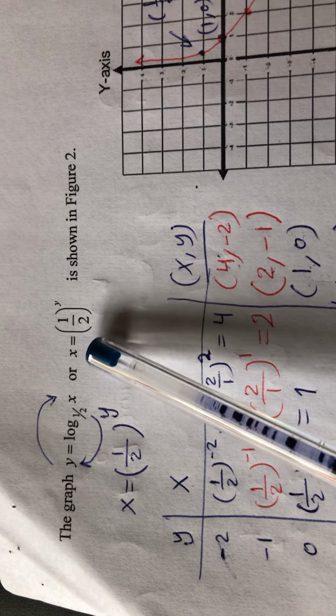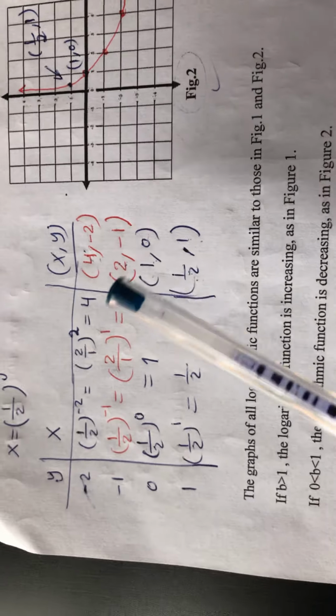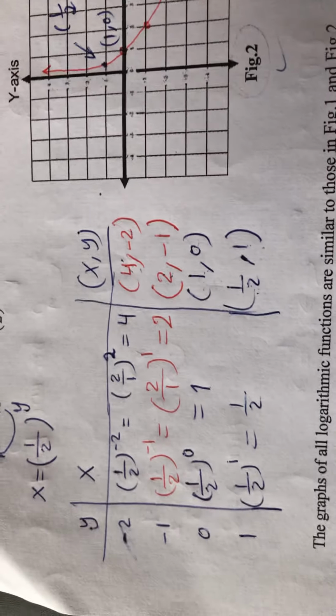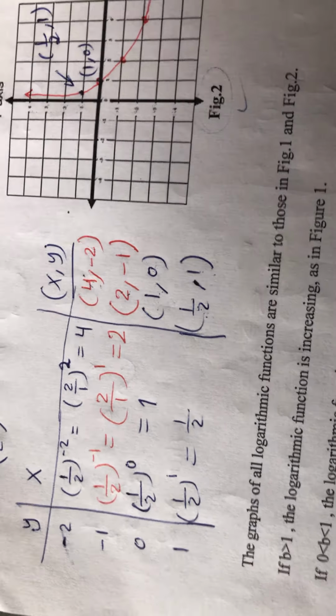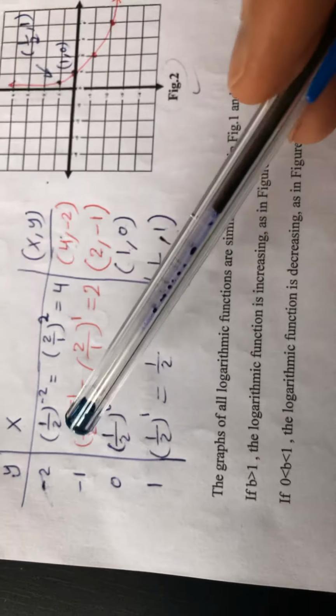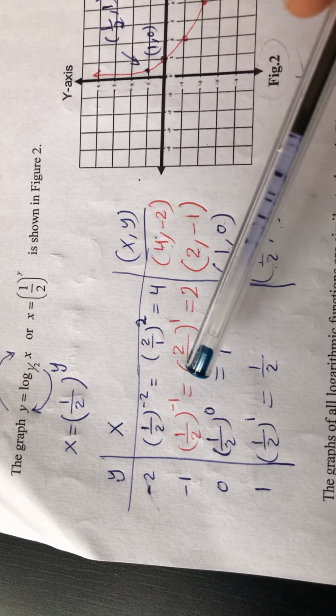So now let us graph this exponential. Here x depends on y. So first let us take some values for y, then find x. So if y equals -2, -1, 0, and 1, now find x.